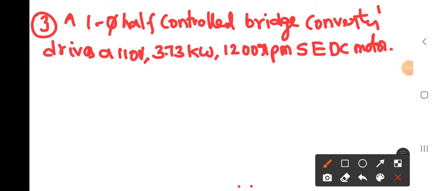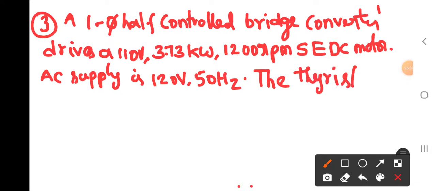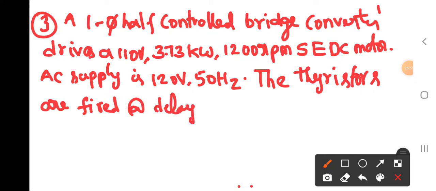The AC supply is 120 volts, 50 Hz. The thyristors are fired at a delay angle, that is alpha, of 45 degrees.